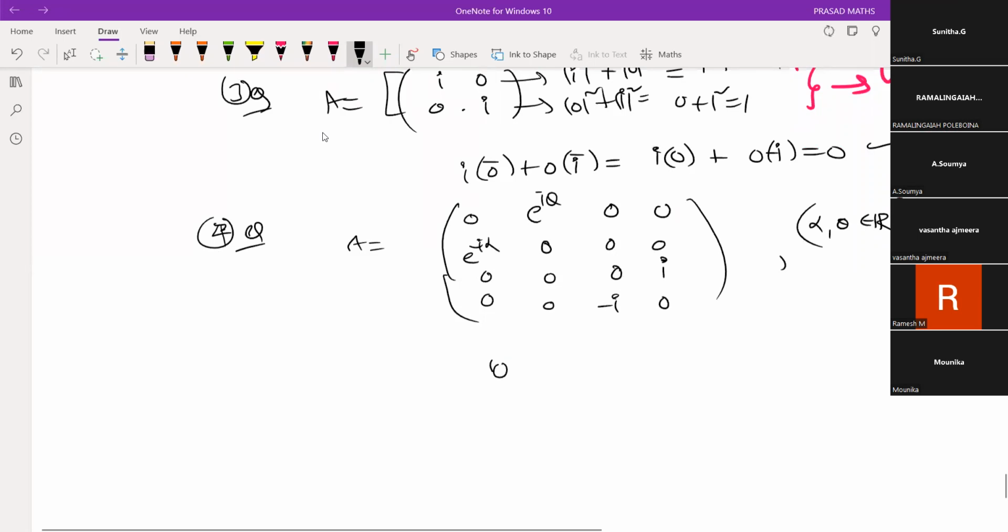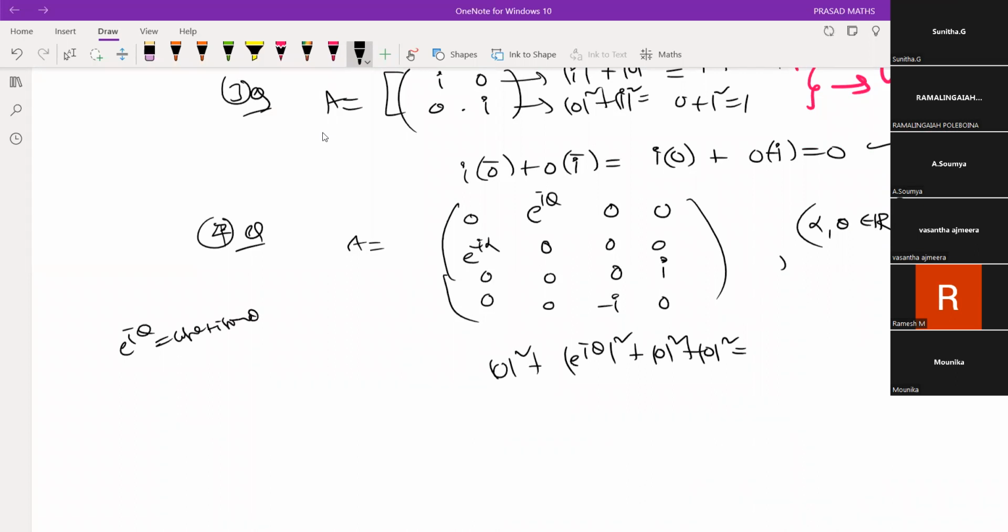Sum of the squares of the modulus of each row. What is the modulus of e to the power i theta? It is in Euler form: whenever theta is a real number, e to the power i theta is cos theta plus i sin theta, and its modulus is nothing but 1. 1 squared is nothing but 1. This is minus e to the power i theta, modulus squared, with 0 squared and modulus of 0 squared. That equals e to the power i alpha, where alpha is a real number.